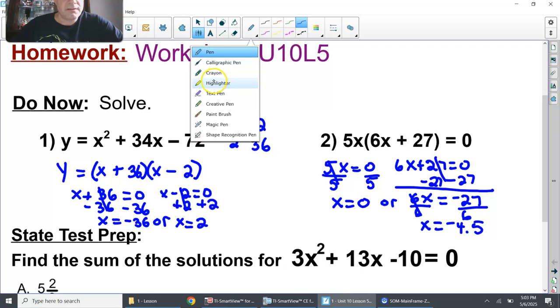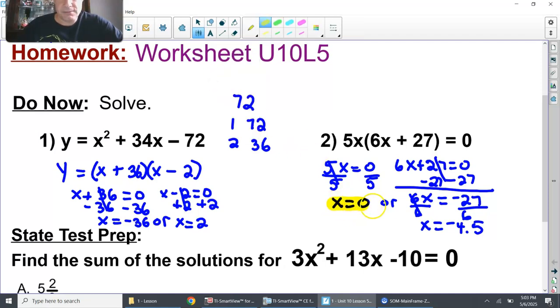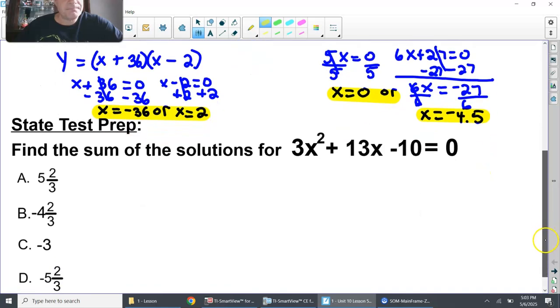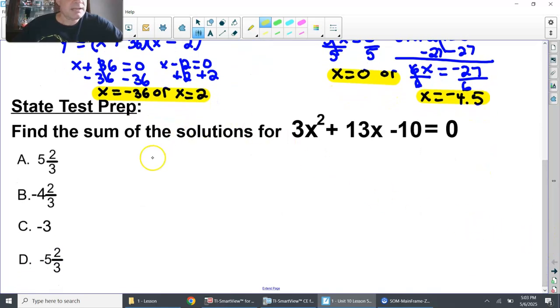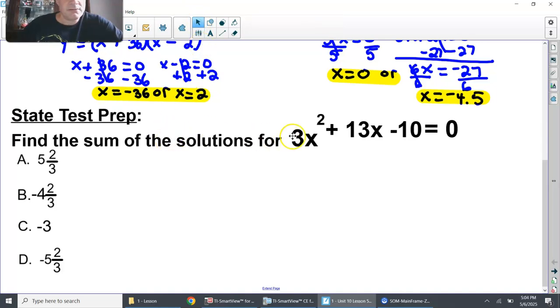So these are the roots, x equals 0 or x equals negative 4.5, and then x equals negative 36 or x equals 2.